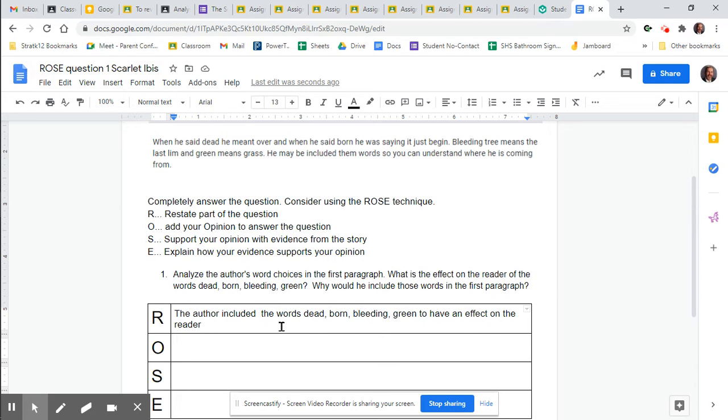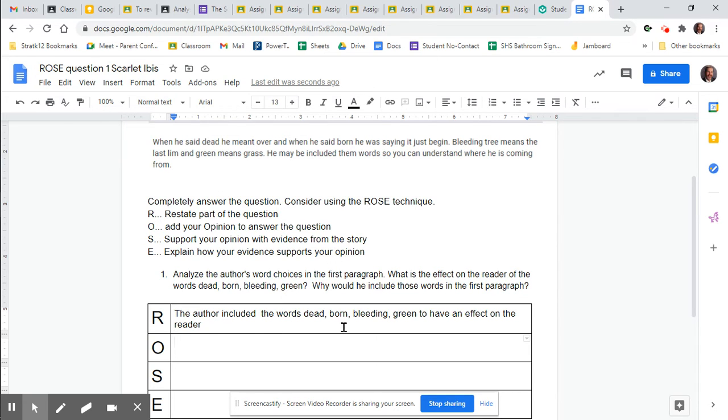And what would the effect be? Would it be the effect of thinking about life and death, or an effect about understanding the purpose of life? So let's throw that in there. Some kind of statement about the effect of the words.